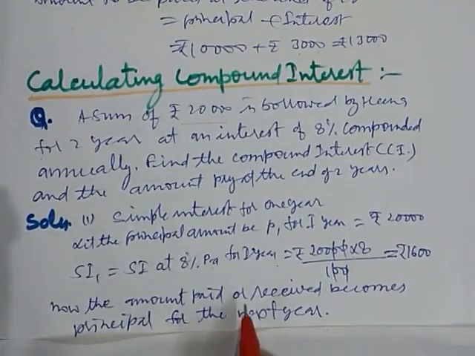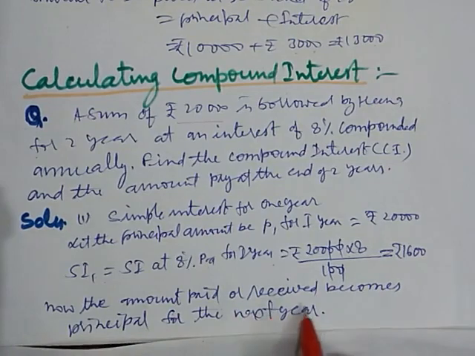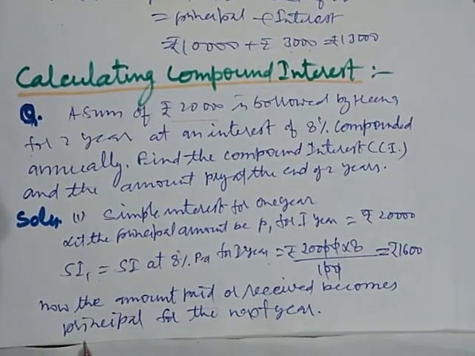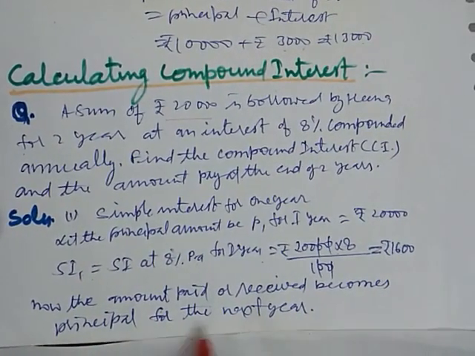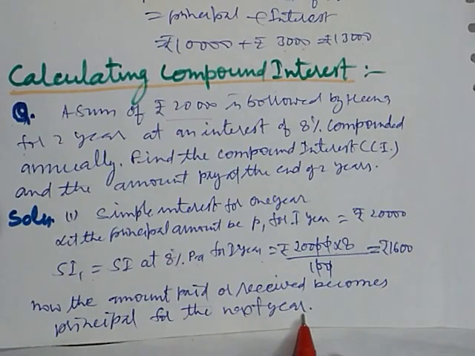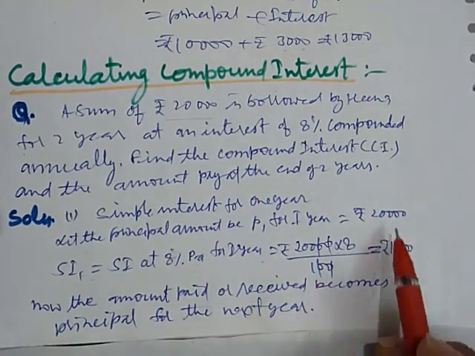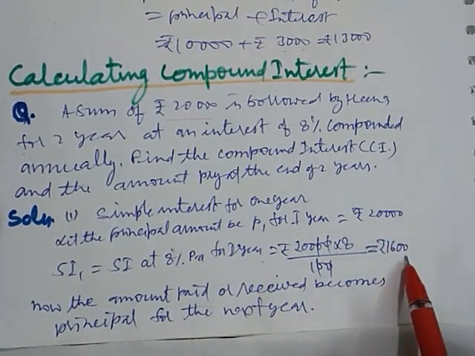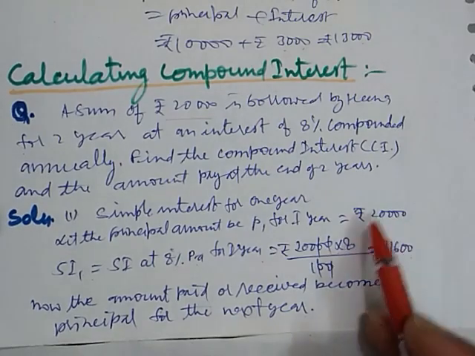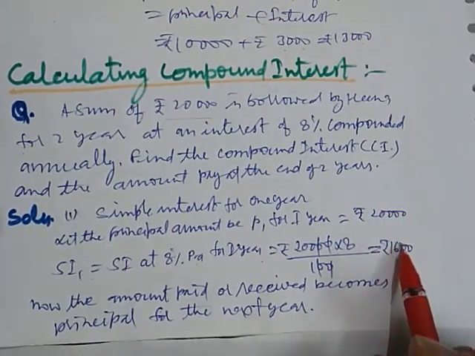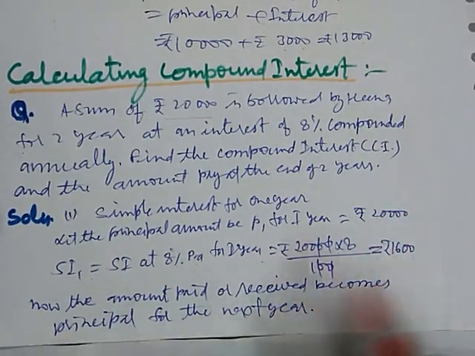Now the amount paid or received becomes the principal for the next year. Here, what amount is paid? 20,000 plus 1600. This complete amount is the principal for the next year.